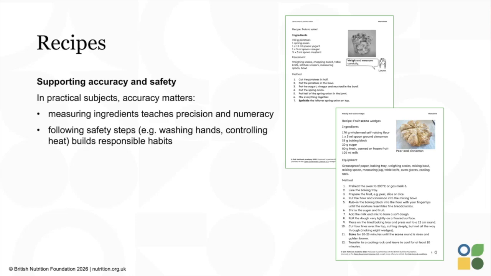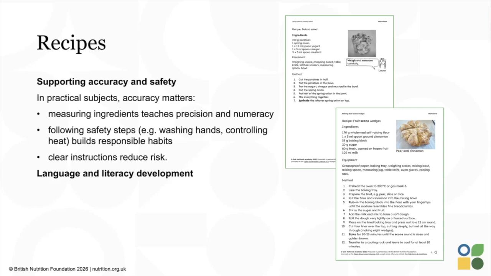Also, we're hoping it obviously supports other aspects, so about accuracy, so that measuring as well, so everything's very clear, as well as applying their numeracy skills, following those safety steps, so like getting ready to cook or heat control, as well as making sure that when they read these clear instructions, it helps to reduce risk. And they're working by themselves. That's really important in a busy classroom.